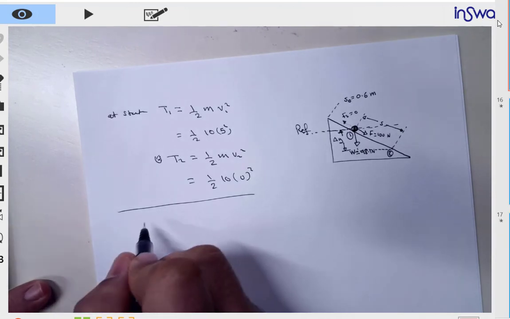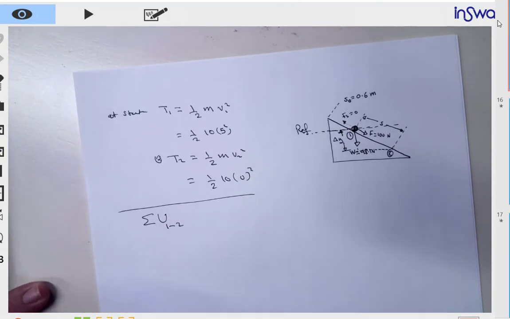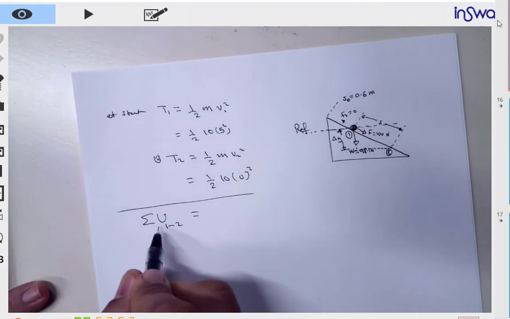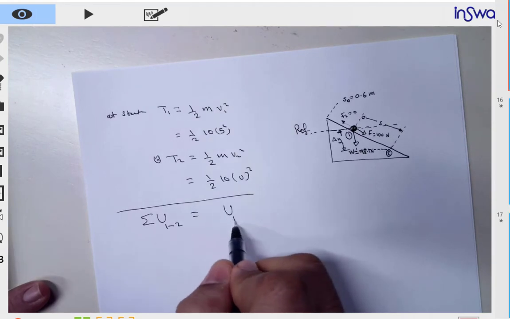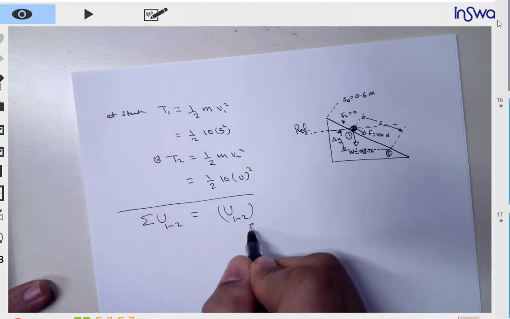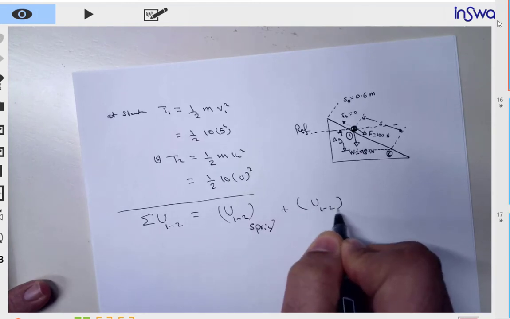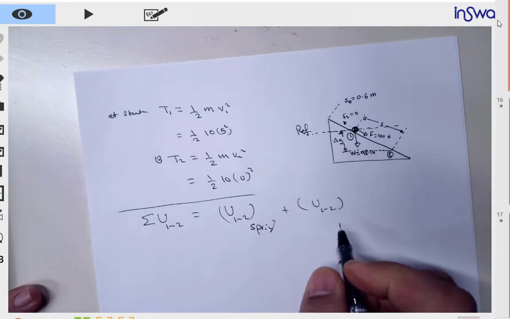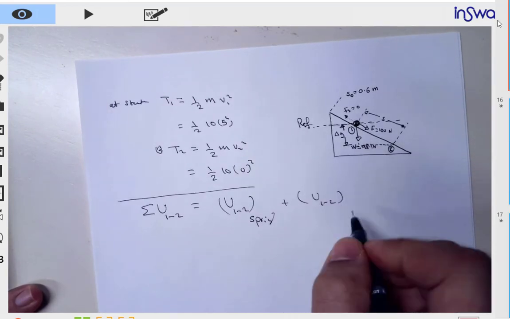Now, the work from 1 to 2 is equal to the work of each individual force. So what forces do we have? We have the work of the spring plus the work of gravity, because these are the only two forces acting on that object.